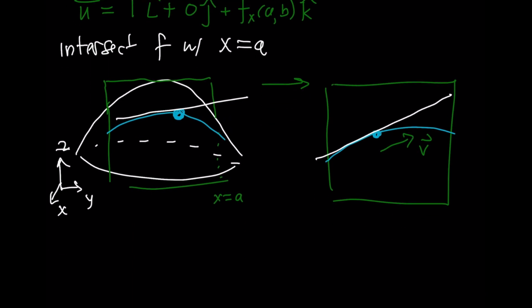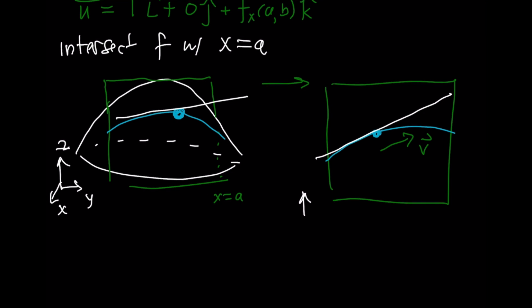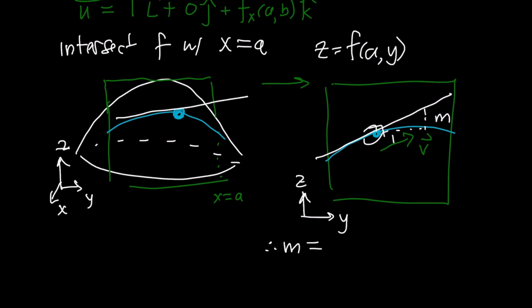I'm now going to superimpose this two-dimensional coordinate system. Remember that I'm holding x fixed at a value of a. If I were to move over 1 unit in this direction, the slope should tell me how high I go up. The curve here is the value of the function where x is fixed at a, and it's a function of y. The slope of that function right at that point is the partial derivative with respect to y at the point a, b.